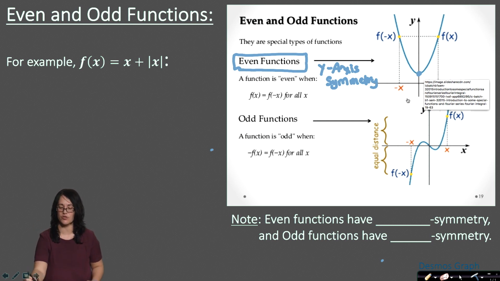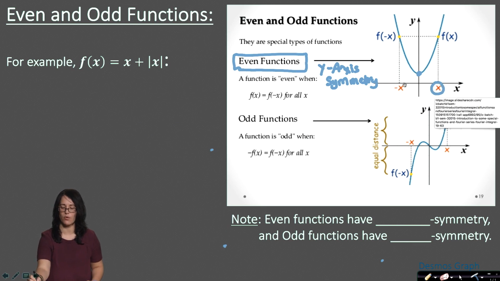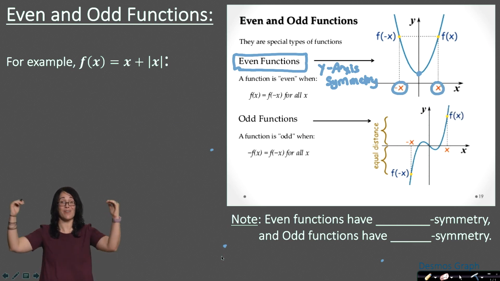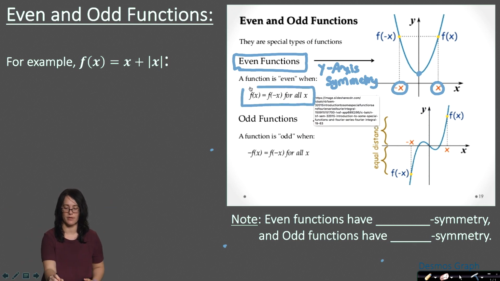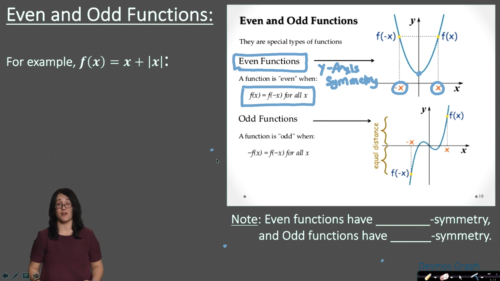Notice again, another way of describing that y-axis symmetry is it doesn't matter if you take a positive x value or its opposite x value. The y values are the same. In other words, here's our formal definition. For an even function, for a function which has y-axis symmetry, anytime you plug in the opposite x value, so f of negative x, you get the exact same y value output as you got for plugging in the original x value and getting f of x.